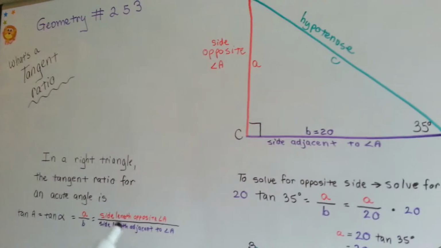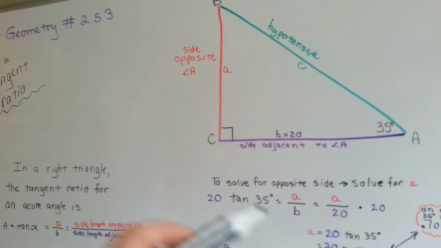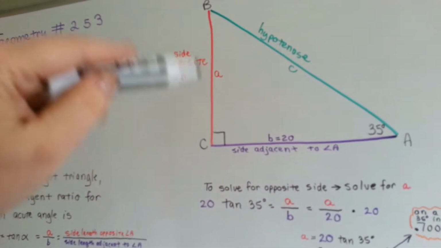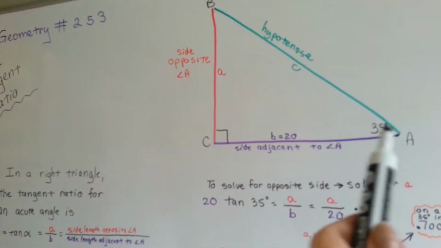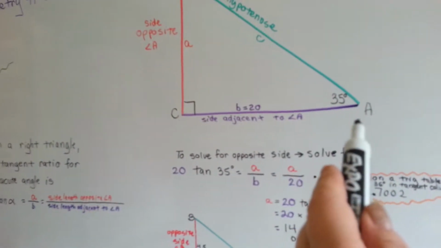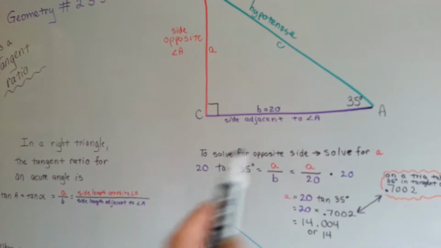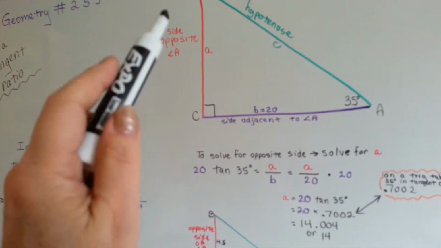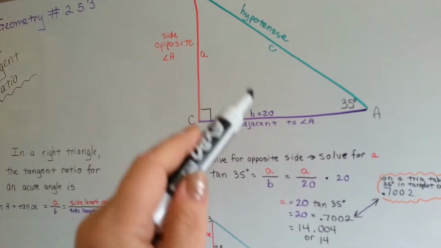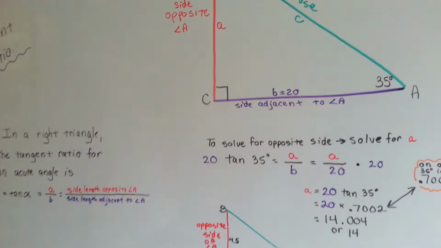If you look at my triangle here, I've always made the green the hypotenuse, the opposite side red, and the adjacent side purple. So here's angle A, and the tangent of A is whatever this side measures over what this side is. The red over the purple, okay?